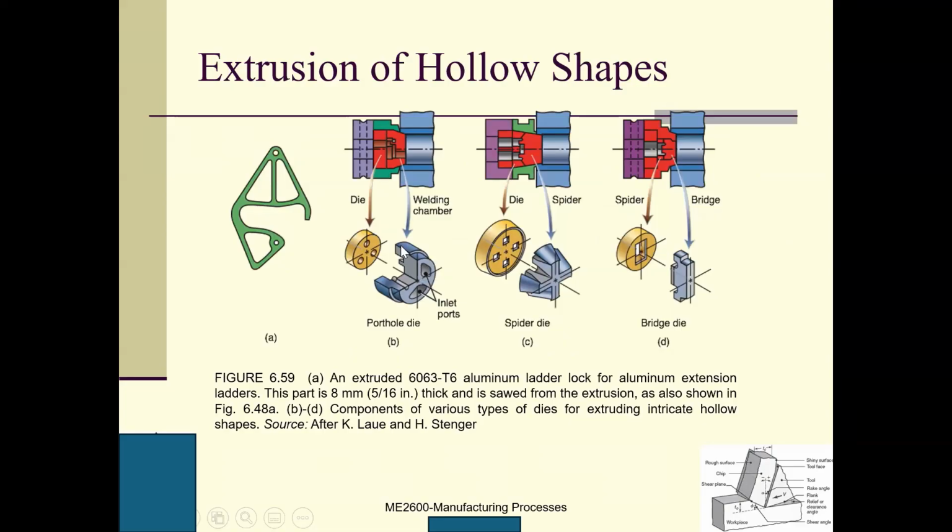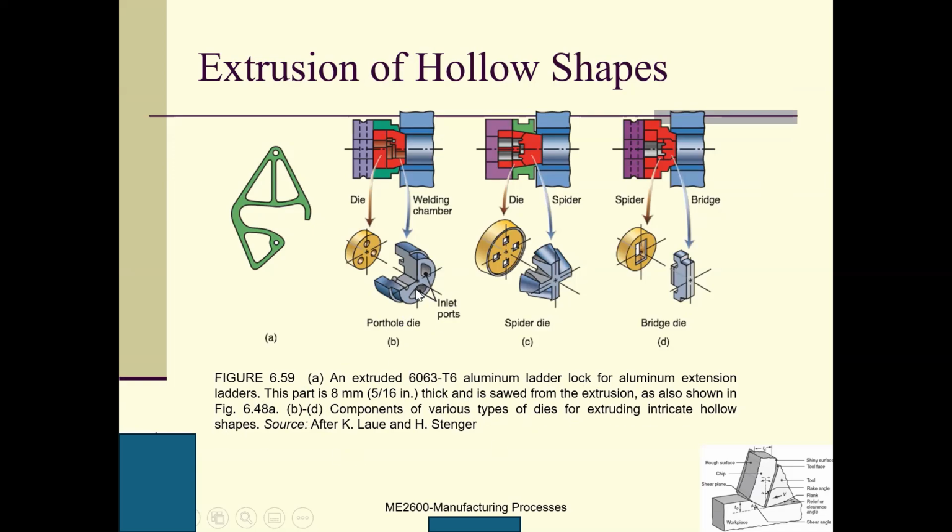So as a result, this material can only flow around it. It will not flow through this part of your die. So as a result, it will be hollow. Okay? So this is the first one for aluminum extrusion, a ladder. Second one, B, components of various types of die for extruding intricate and hollow shapes.